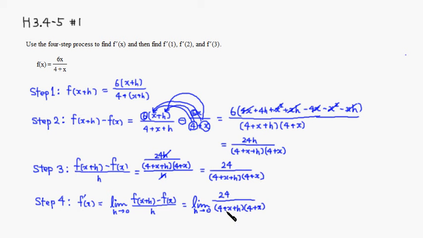Then h is going to 0, so this basically disappears. What's left is 24 over 4 plus x times itself, so you have 4 plus x quantity squared. So this is the derivative of f of x. So let's type that in.